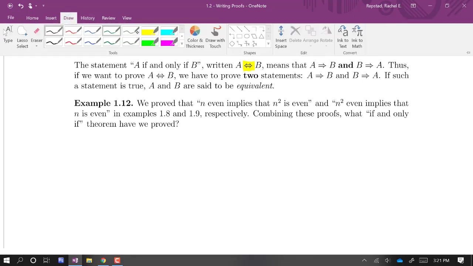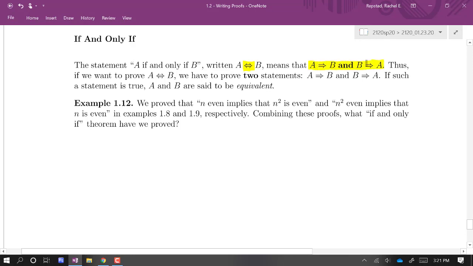An if and only if is equivalent to both of these, an if then being true as well as its converse. So if you're going to prove an if and only if, you really have to do two proofs. Here's part one, A implies B, then turn it around, B implies A. If you've done both of those, then you've written an if and only if.